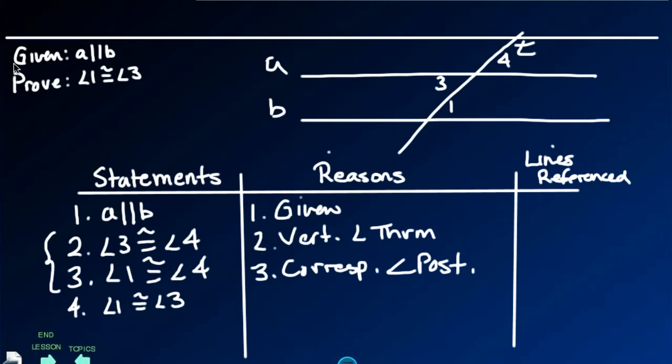So 3 and 4 are the same, so what I can do is take angle 3 and substitute it in here for angle 4, and that gives me the statement that I was trying to prove.